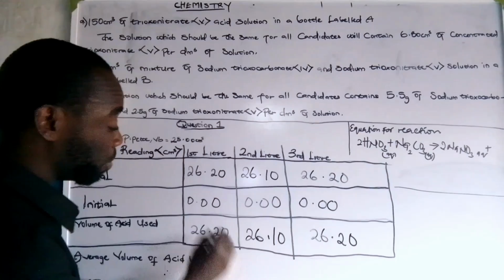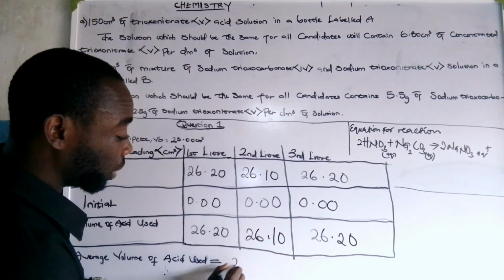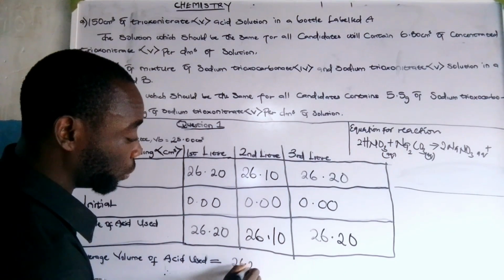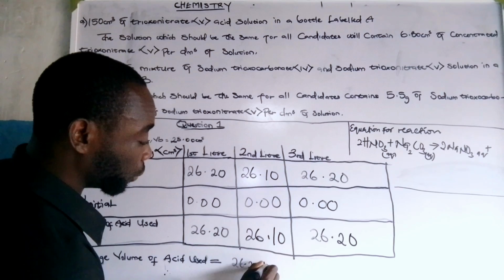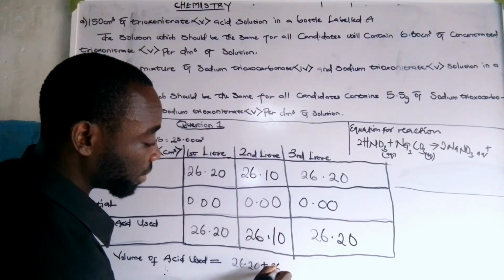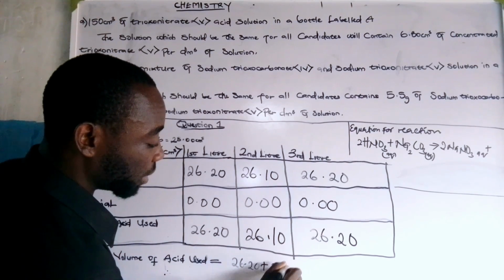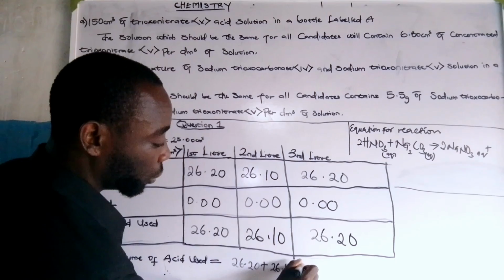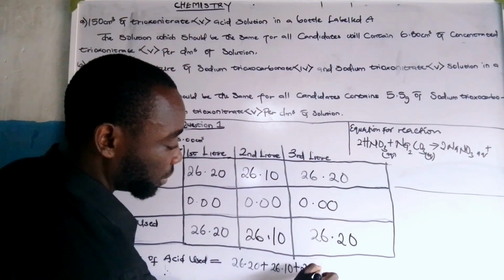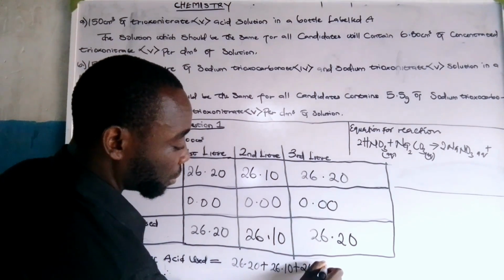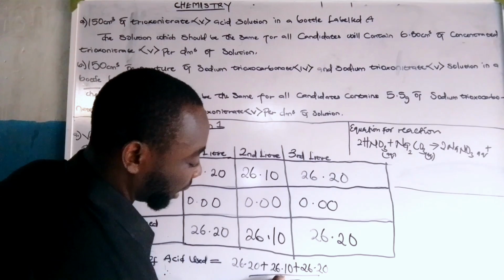The average volume of the acid will become 26.20 plus 26.10 plus 26.20, divided by 3.